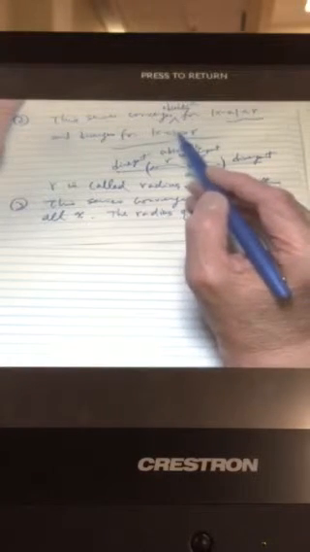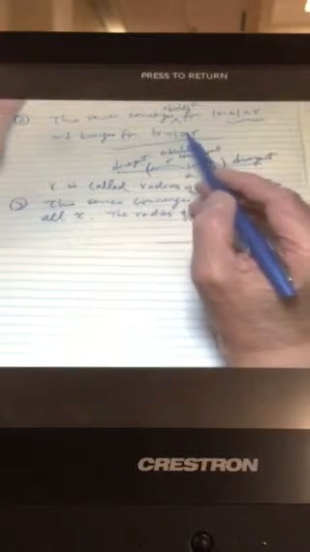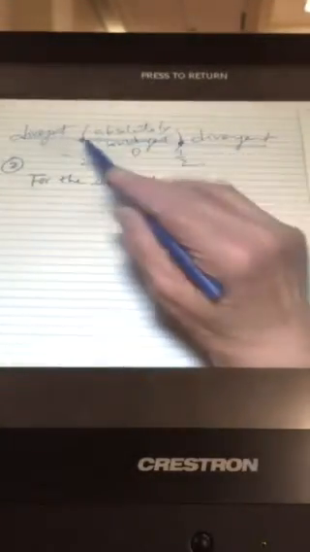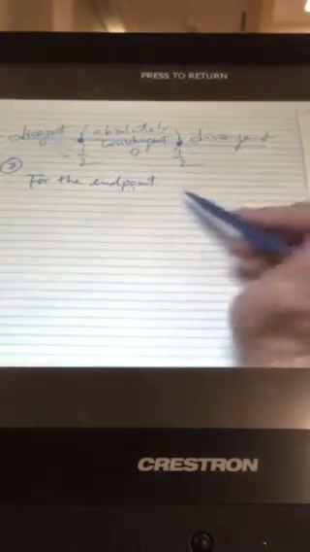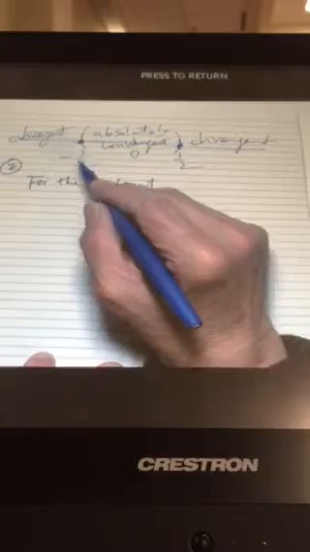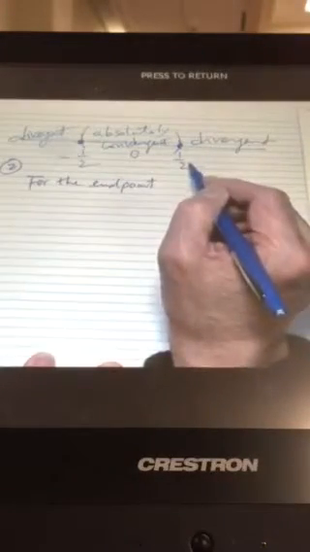I need to determine what happens when this equals r, which is the end points. So for the end points, we need to determine whether it is convergent or divergent. There are 2 end points: one is minus 1/2, one is 1/2.